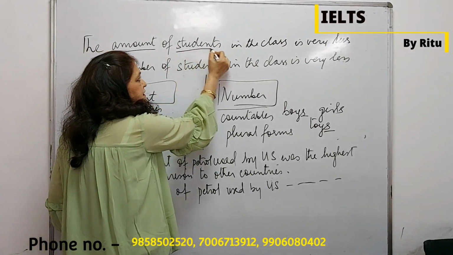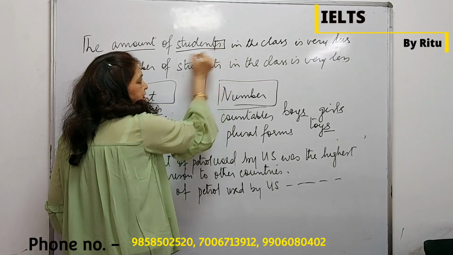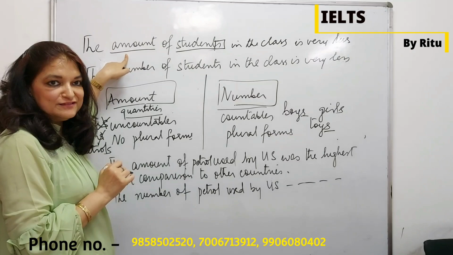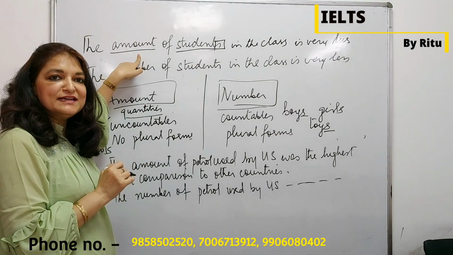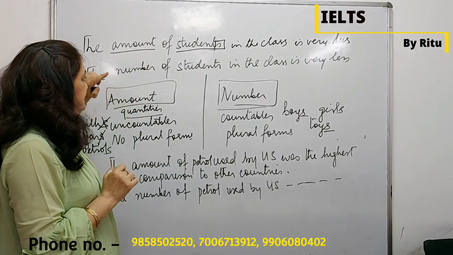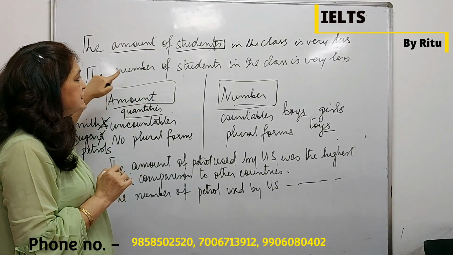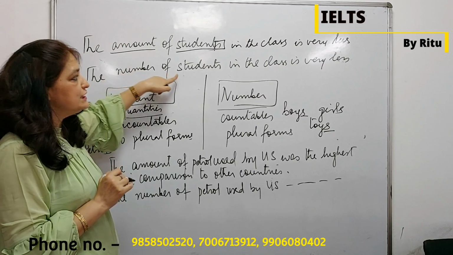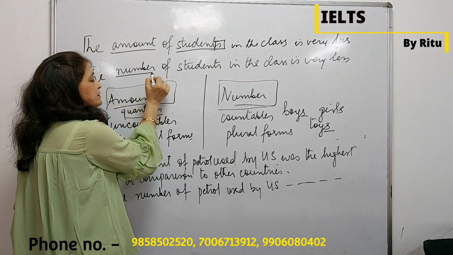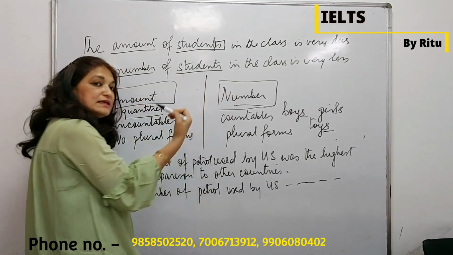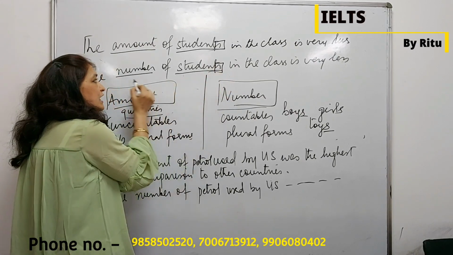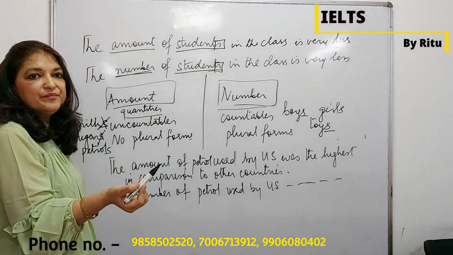Since the noun used here is students, it has its plural form. So I cannot use amount here. It means my sentence is grammatically wrong. Then what is the correct way of making this sentence? The correct way is, the number of students in the class is very less. Why am I using number? Because my noun is countable. So whenever I have countable nouns, I can only use the word number.